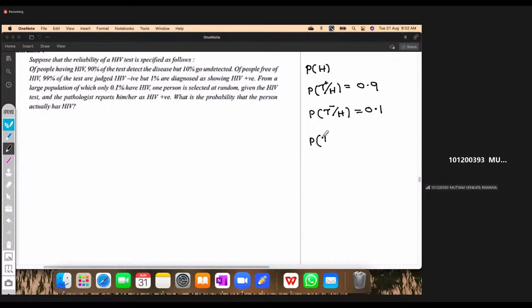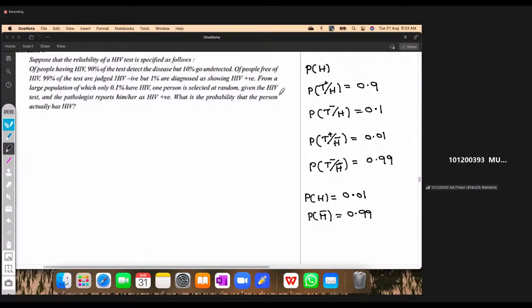Probability of test positive for non-HIV people is 0.01. Probability of test negative for HIV negative people is 0.99. From a large population, the probability of H, having HIV, is 0.01 and the probability of HIV not there is 0.99.